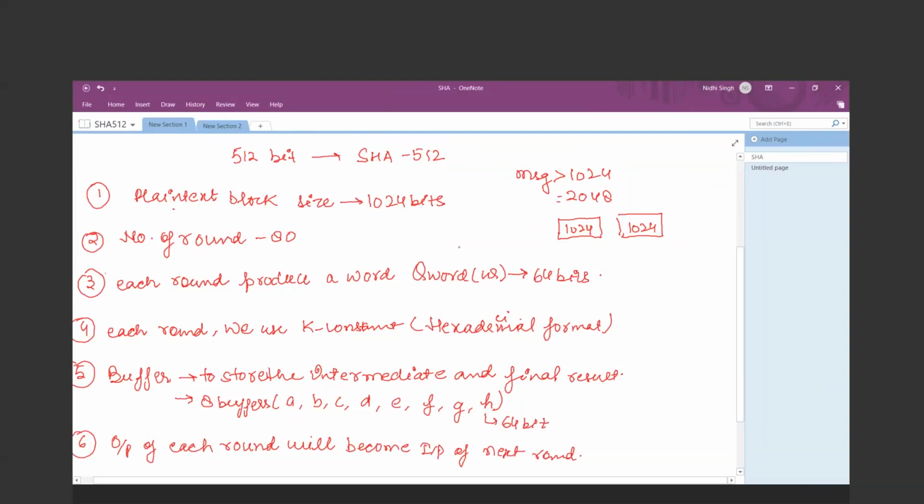Now suppose my message size is greater than 1024 bits, like in this case, then we have to divide my message into two plain text blocks, each of 1024. Over each plain text block, we have to run 80 rounds. And we have to repeat the process until all of the plain text blocks are finished.